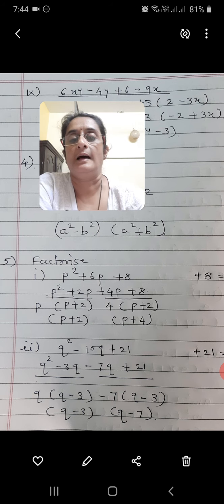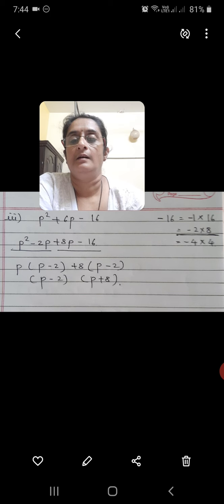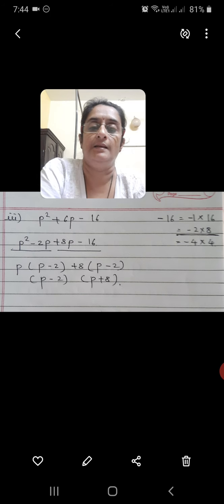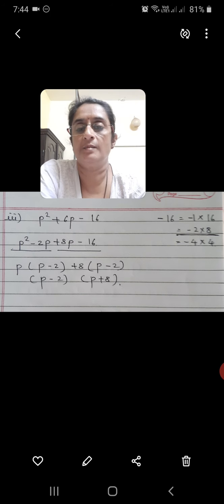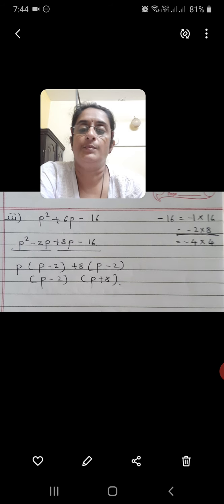Let us go to the last question of this exercise, that is p square plus 6p minus 16. Here also 3 terms are there and nothing is common, so we have to use the splitting the middle term method. What is the middle term? 6p.